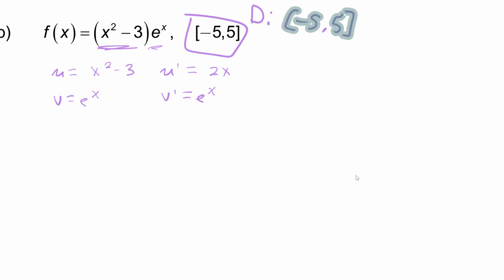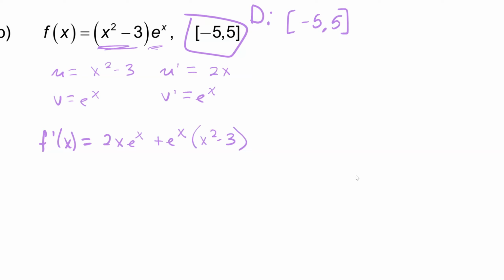This is also why I gave you that fourth assignment of review, so that you will be good with this. I don't want to have to reteach product rule. You should know how to do it. So f prime of x is going to be 2x times e to the x plus e to the x times x squared minus 3.